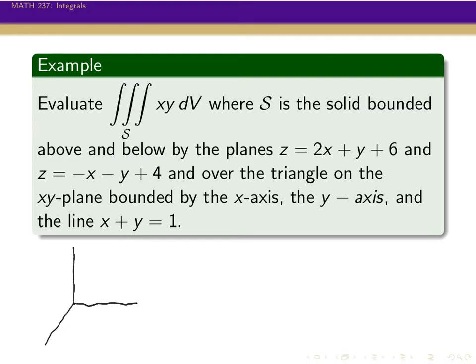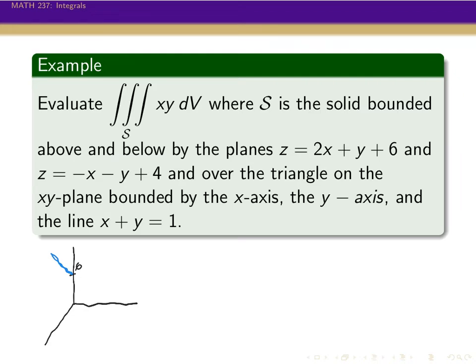So I'm drawing out a quick axis. So z equals 2x plus y plus 6. So let's think about what happens on the xz plane for this. So that's setting y equal to 0. And so this is going to look like z equals 2x plus 6. And so starting off at 6, and then it's going up kind of slope 2 on the xz plane.